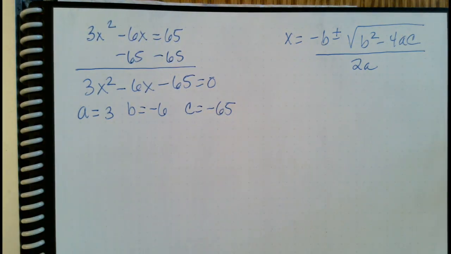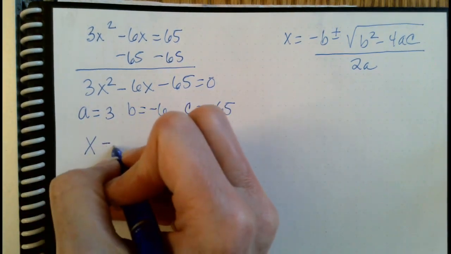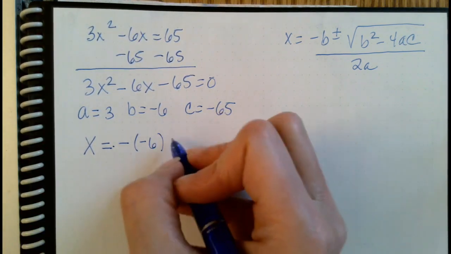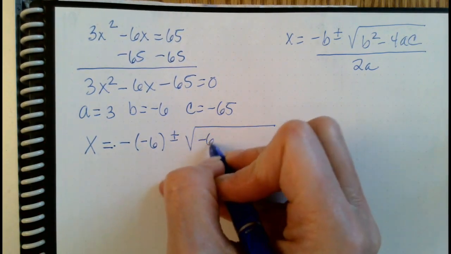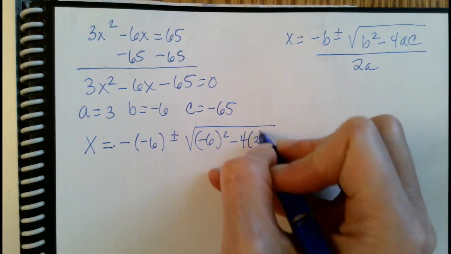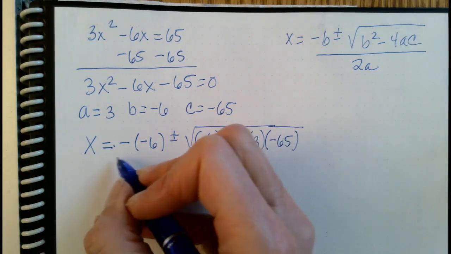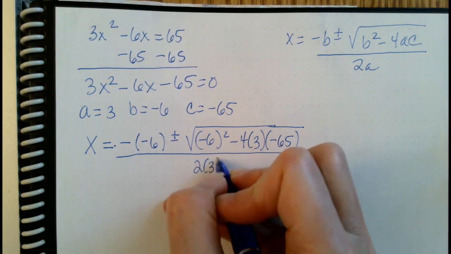And now that we've got that, we're going to fill in these values back into the quadratic equation. So x equals negative b plus or minus the square root of b squared minus 4 times a times c, all divided by 2 times a.